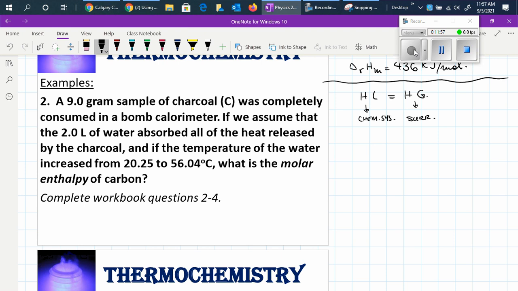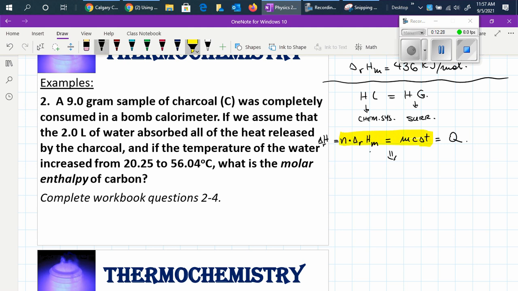So now what we have is n times the molar enthalpy is equal to mc delta T, or Q, but we know from day one, this is the change of enthalpy of the reaction. So this is the equation that we have to focus on.